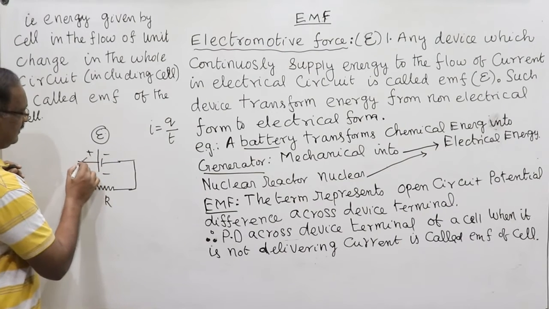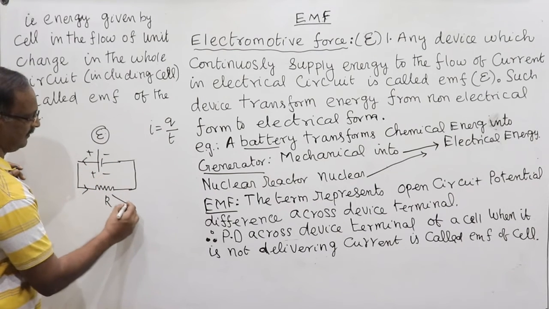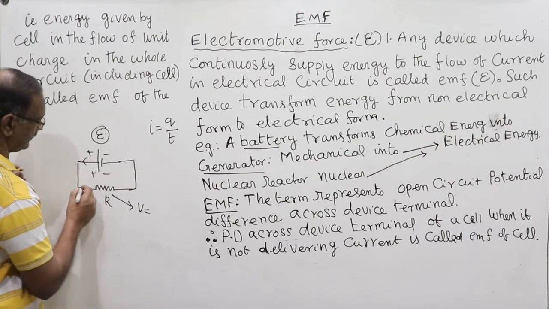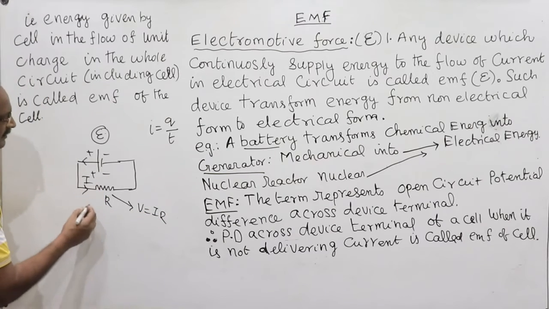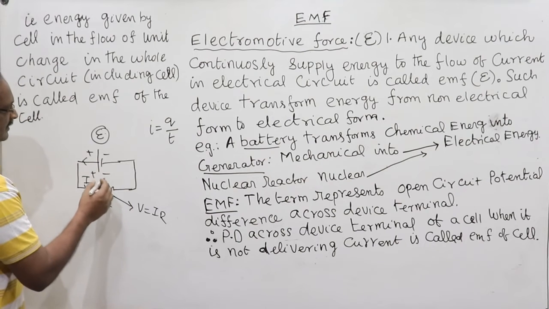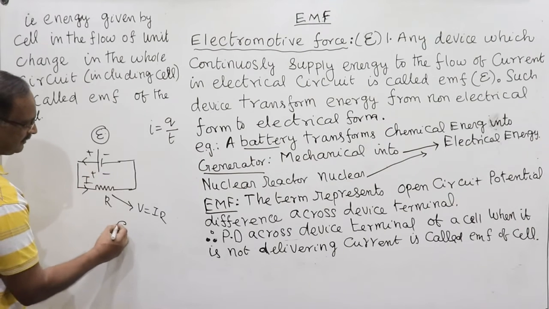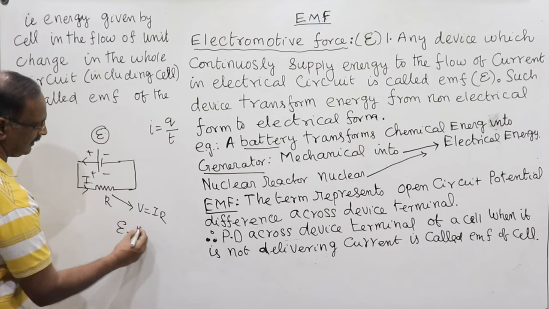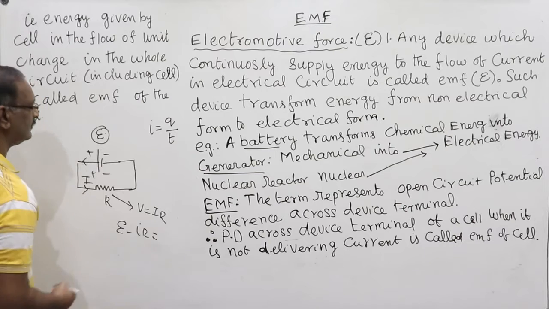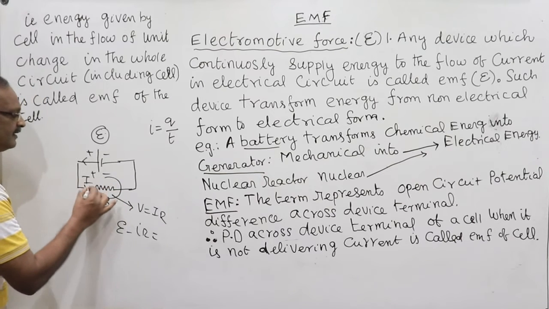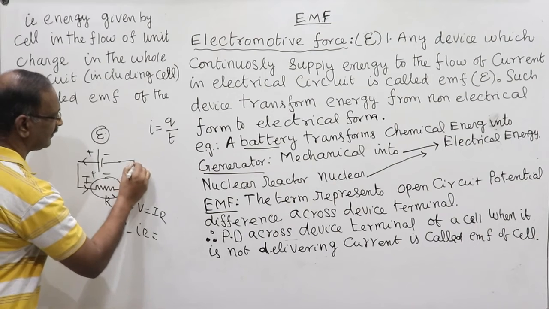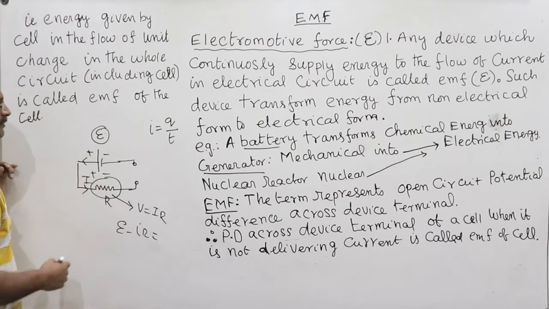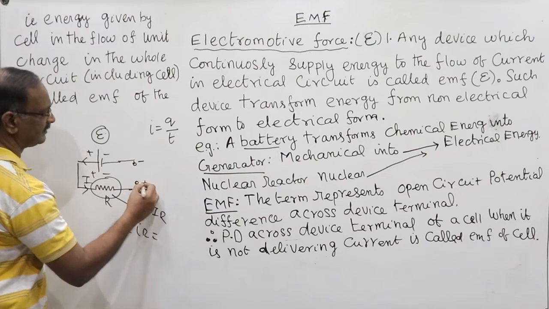When the current is flowing like this, there will be some voltage drop, which is equal to the current flowing in the circuit times R. So the net voltage is E minus IR, because some power is lost here. But if this is open, a potential difference still exists between the negative and positive sides.